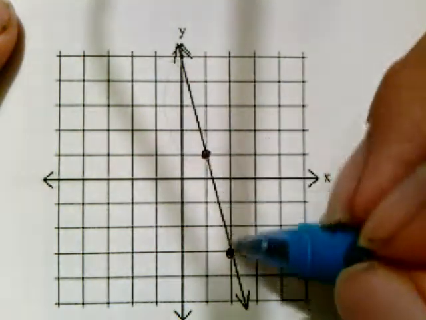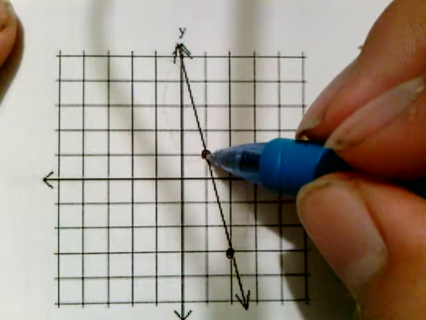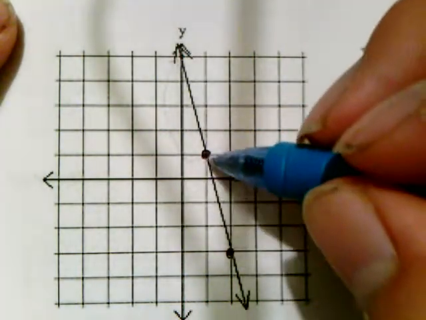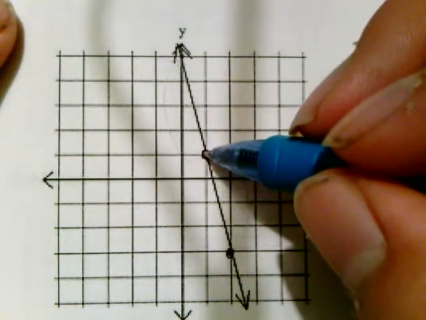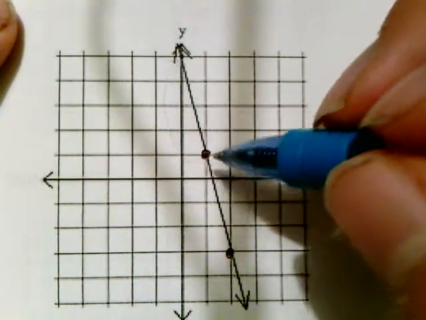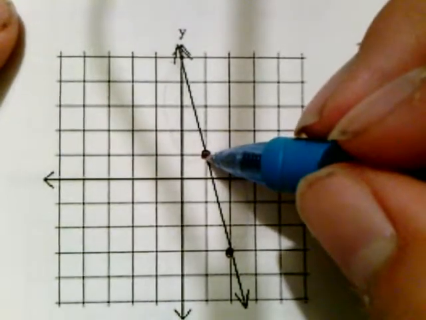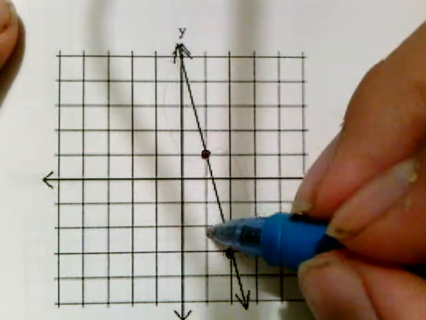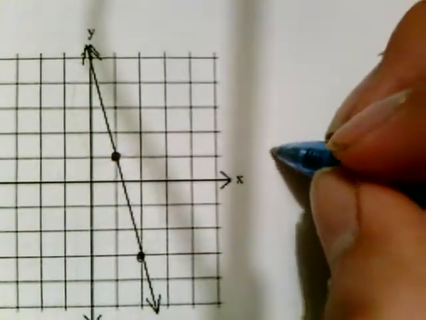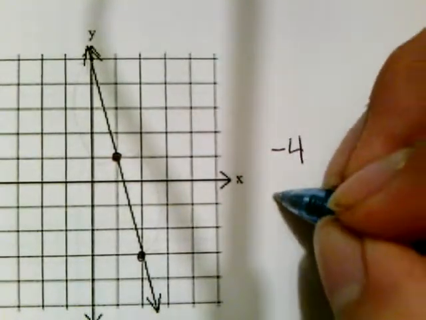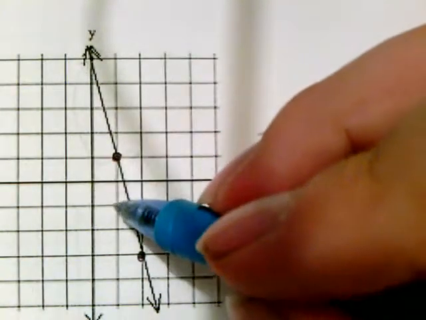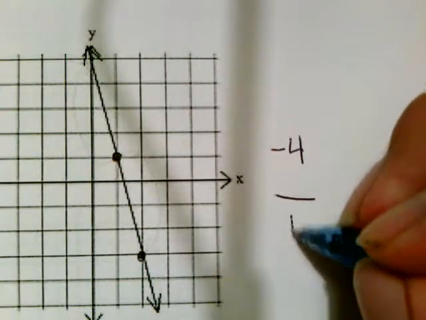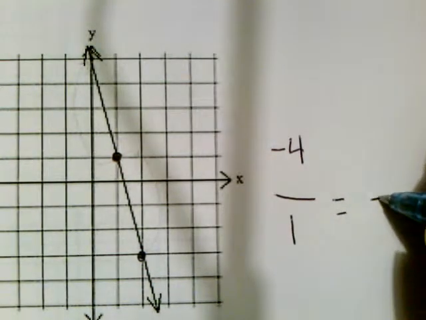Since this point is lower than this point, we actually have to go down. So we have a negative rise. That means we're going to be going down 1, 2, 3, 4. So we have negative 4. We went down 1, 2, 3, 4, and we went over 1. So it's negative 4 over 1, which equals just negative 4.